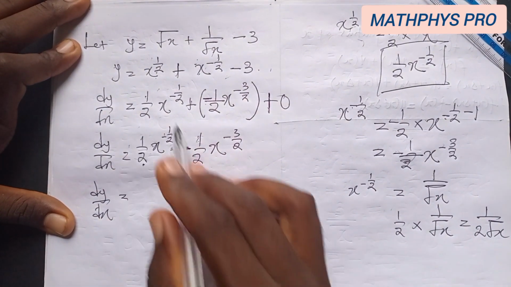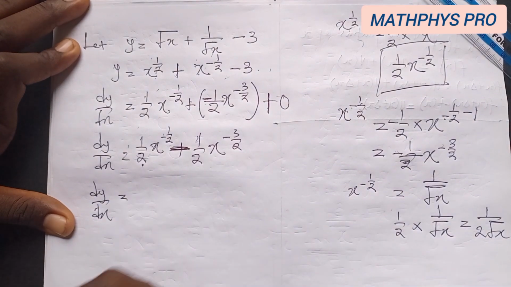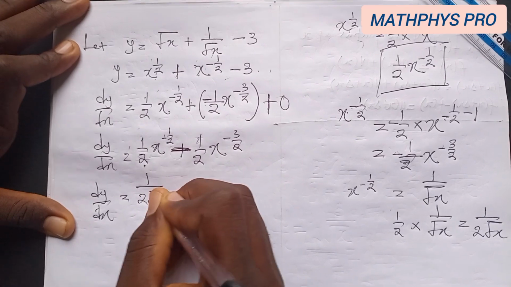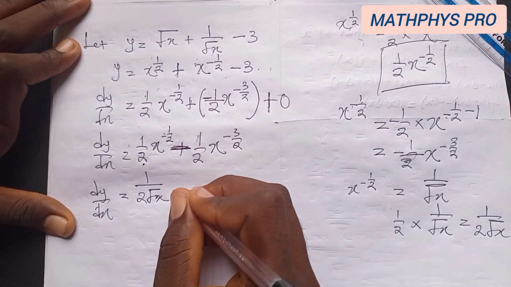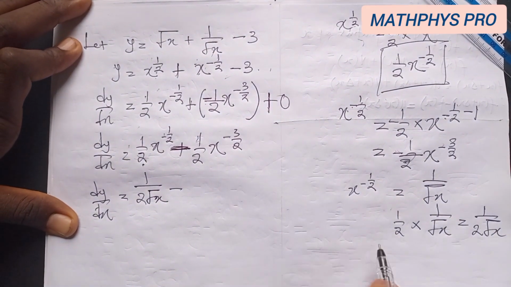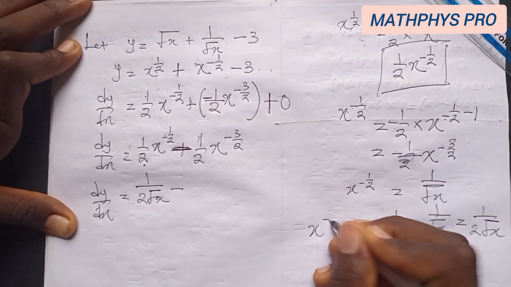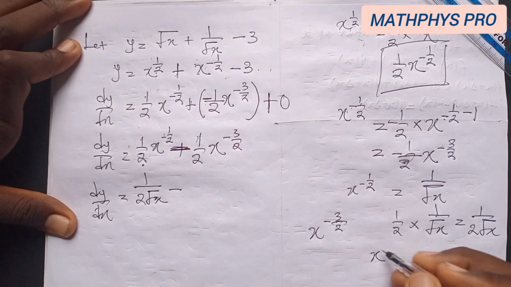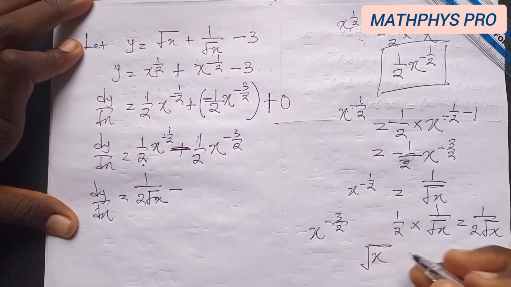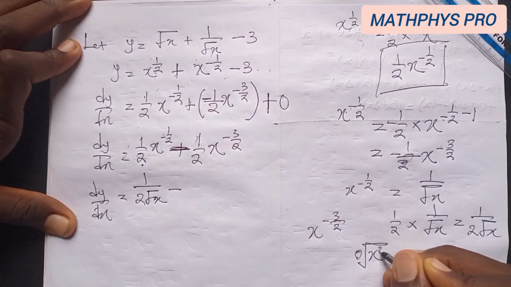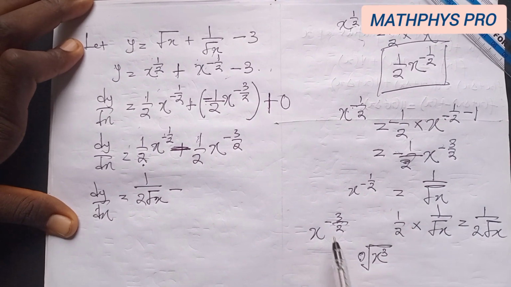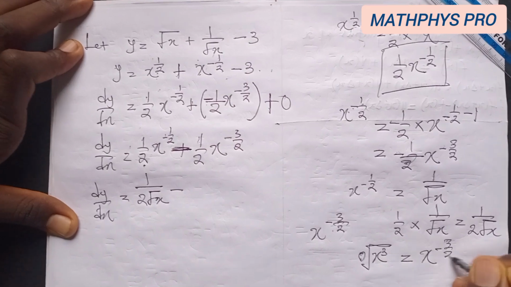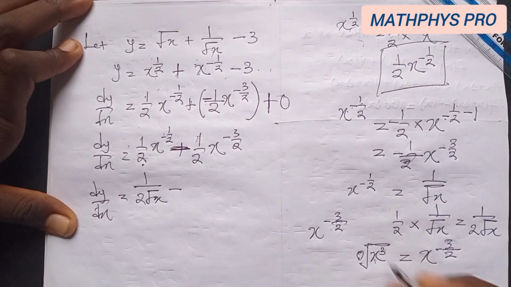So simplifying this to write in a way that will not look bad, I can say that 1 over 2 root x minus, remember that x raised to minus 3 over 2 can also be written as 1 over the square root of x raised to 3.